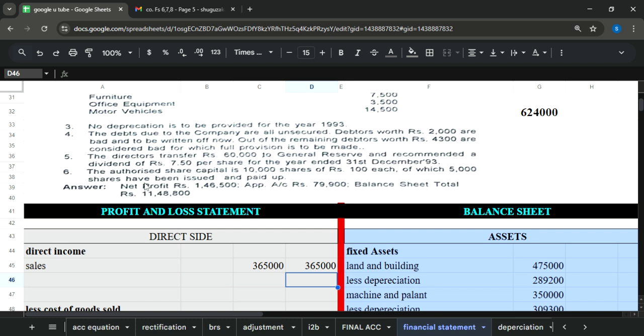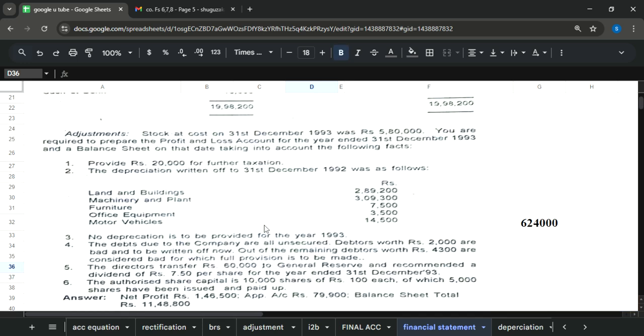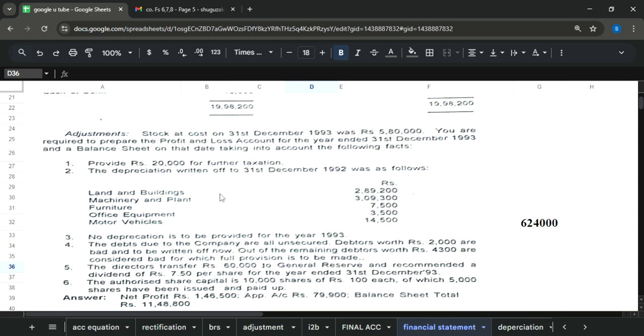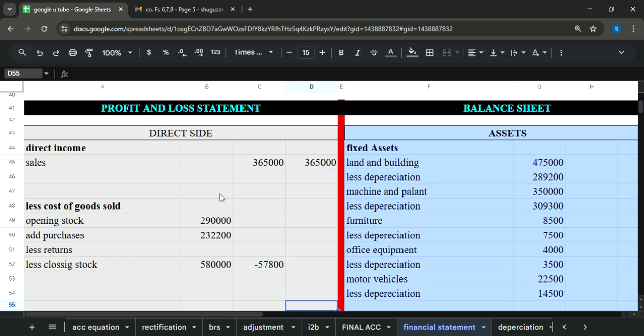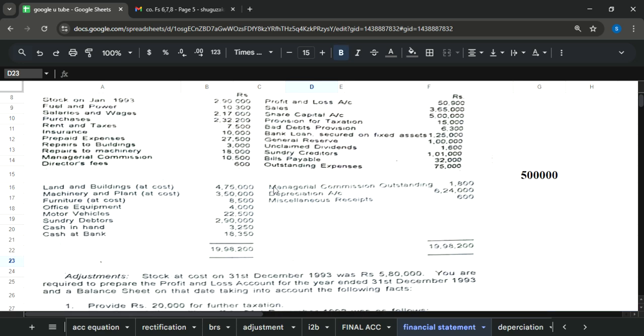That means the answer of gross profit is not available. Otherwise, this amount is unconventional. Normally, it doesn't happen. So we'll have to check whether these amounts are correctly written or not. Let's get forward and see if we'll have to come back, because I'm not satisfied with this amount, and we will see it again. 5,80,000 is your closing stock.